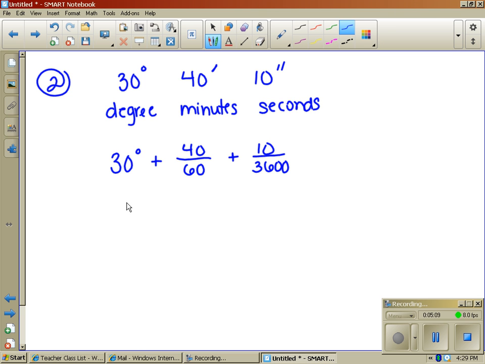So we can do the math. Take 40 and divide it by 60, or 2/3. Right? 0.6 repeating. Take 10 and divide it by 3,600.